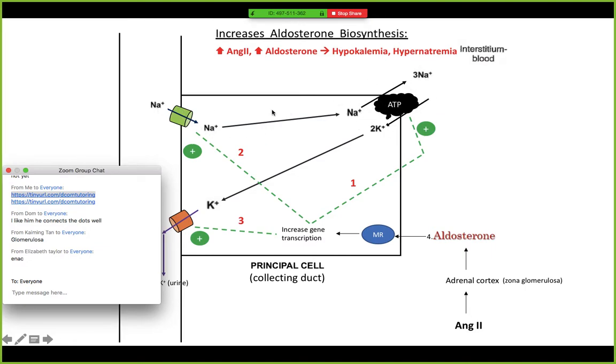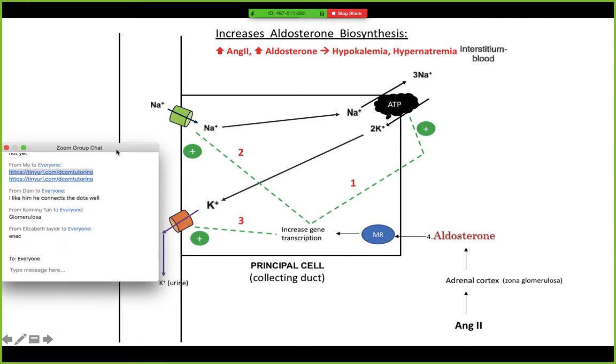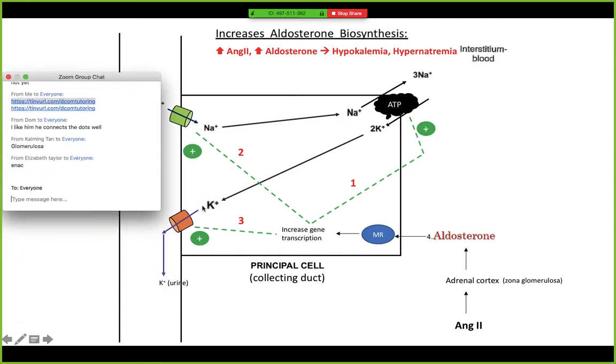So the sodium entering the principal cells is leaving through the sodium-potassium ATPase pump. And then you're also bringing potassium into the principal cells. So to prevent the principal cells from getting overwhelmed, you have this potassium channel, and potassium is going to leak out into the collecting duct and then eventually enter the urine.